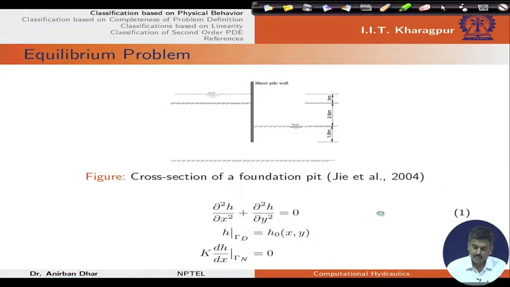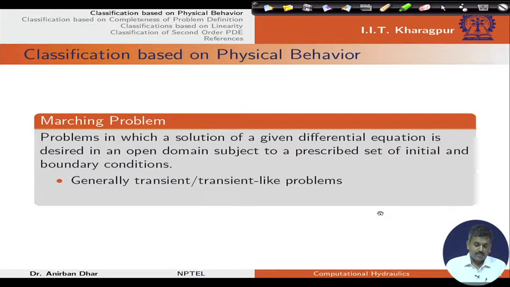The second kind of problem is called a marching problem, where a solution of a given differential equation is desired in an open domain subject to a prescribed set of initial and boundary conditions. Generally these problems are transient or transient like problems, and the important point is that not all marching problems are unsteady problems.